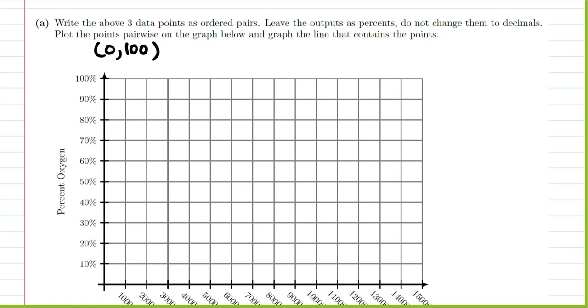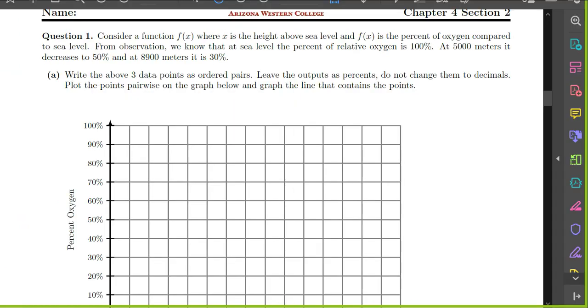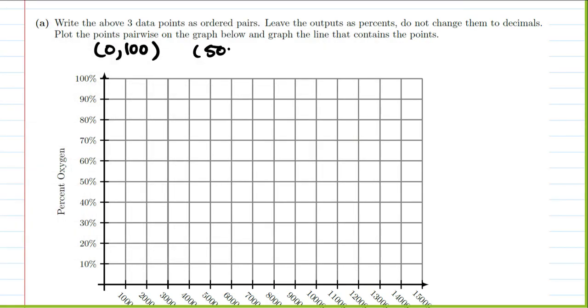Our second ordered pair says when we are at an altitude of 5,000 meters, we then decrease to 50% oxygen. And our last ordered pair says that at 8,900 meters, the oxygen level decreases to 30%.